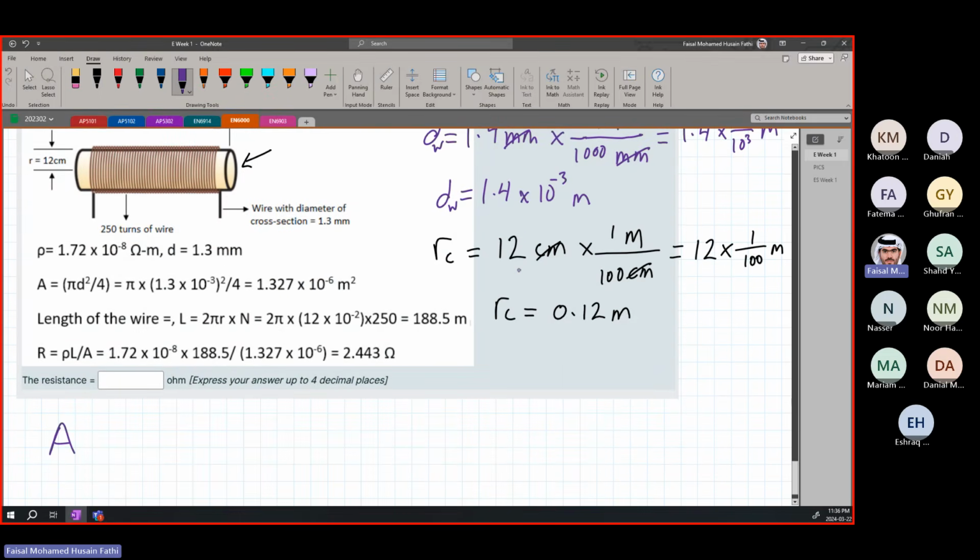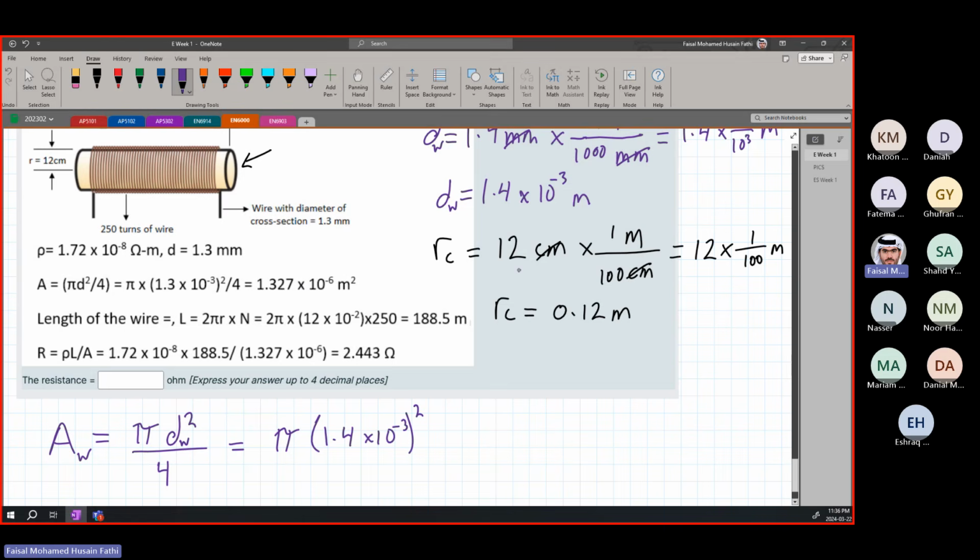What is the area of any circular object? It is pi d squared over 4. So the area of the wire is pi times the diameter of the wire squared over 4, which is pi times 1.4 times 10 to the minus 3, all squared.